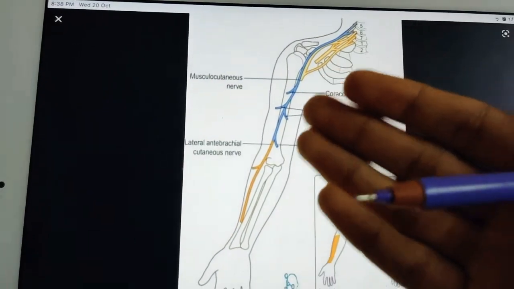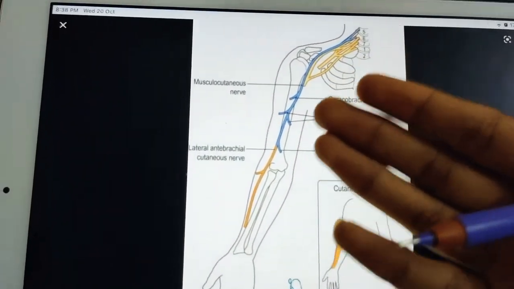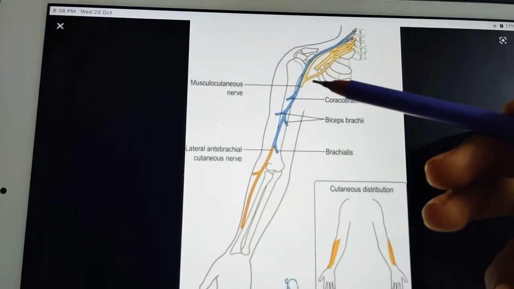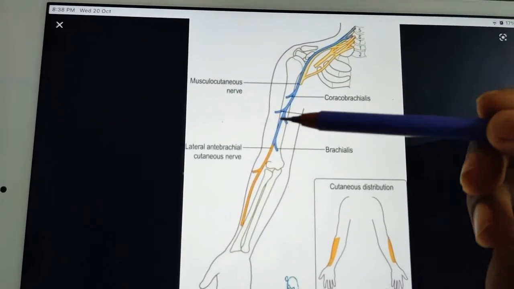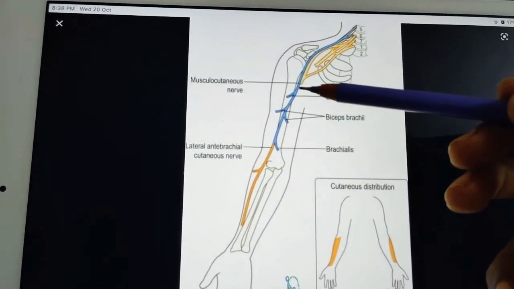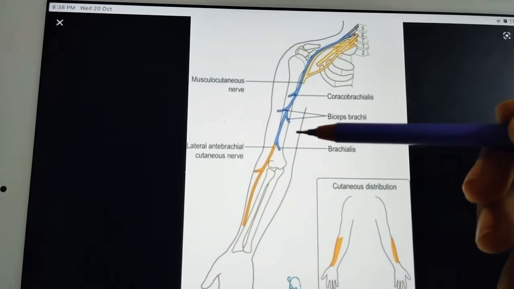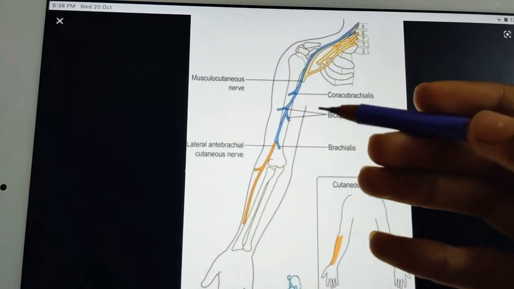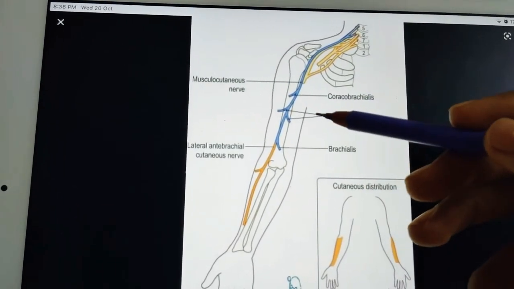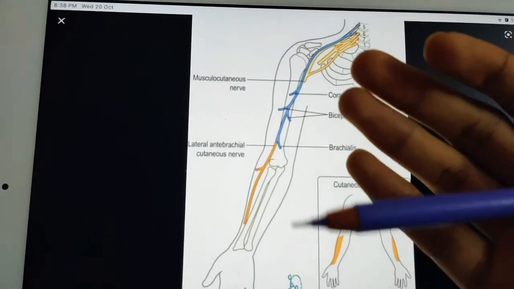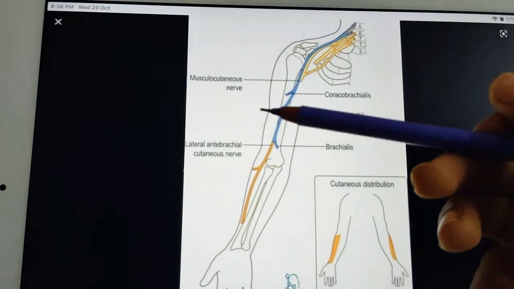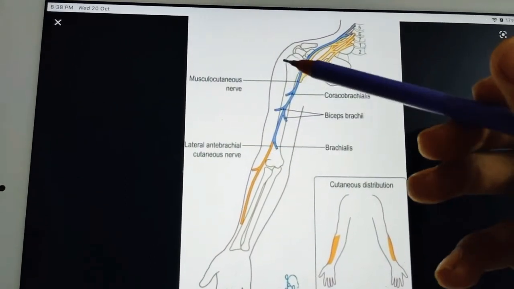Medially, it will have the axillary artery, the third part, and also the lateral root of the median nerve. Of course, the median nerve is coming from the medial cord of the brachial plexus, and from the name itself you can understand it's on the median side. So medially you have the axillary artery and also the lateral root of the median nerve. Remember, the lateral root of the median nerve is medial to the musculocutaneous nerve. Anteriorly you have pectoralis major, posteriorly the subscapularis, and laterally you will have the coracobrachialis.